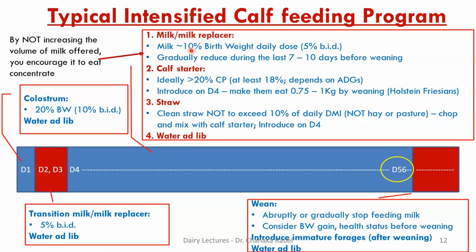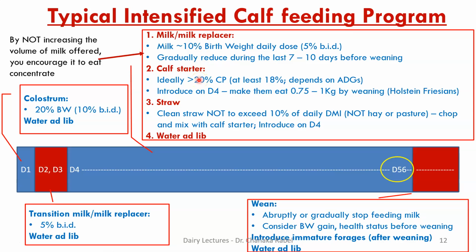So like I said earlier, we calculate the milk dose by birth weight, not body weight. If we calculate 10%, that used to be the traditional practice. People used to increase the quantity of milk fed as the body weight increased. But we don't recommend that, simply because if the calf drinks milk and the stomach gets full, it won't have an appetite for calf starter.